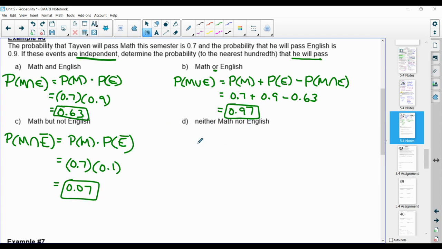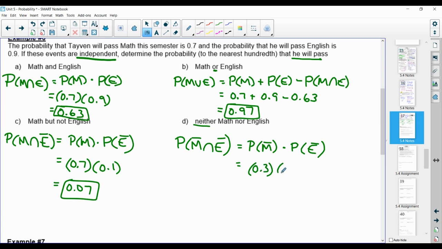And neither nor. So neither math nor English. So that's the probability of failing math and failing English. So that means they're going to fail both. So the probability of failing math times the probability of failing English. So the probability of failing math is 0.3 because the probability of passing was 0.7.